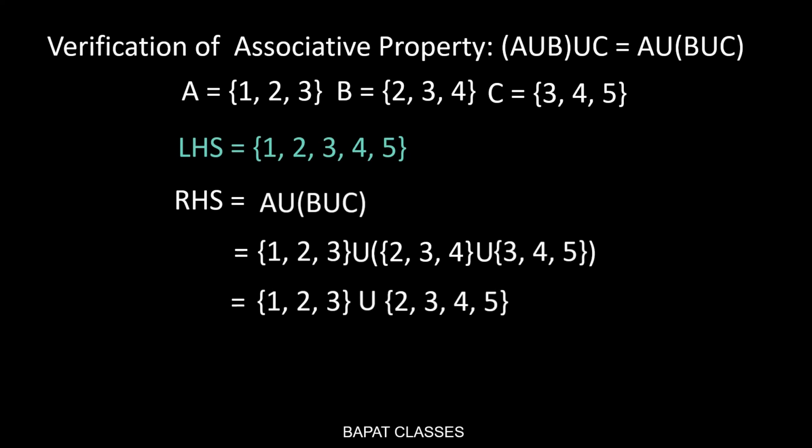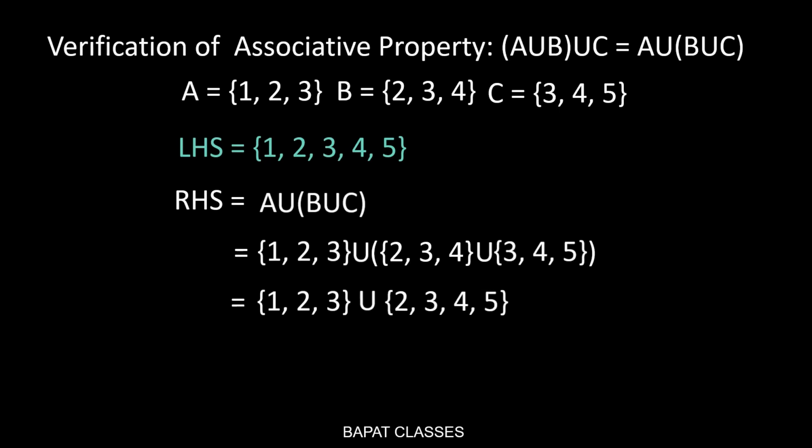Now last step. Now we are going to find out union of two sets, A and union of B and C. Total number of elements 7, but 2 elements are common, 2 and 3, and therefore number of elements in RHS equal to 5: 1, 2, 3, 4 and 5.